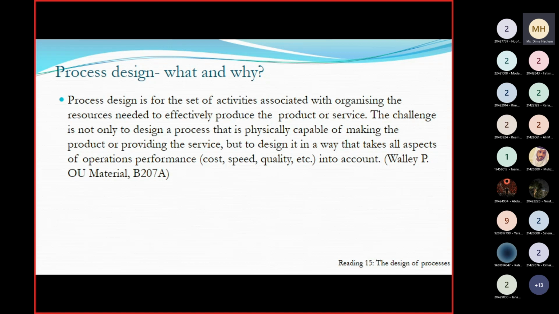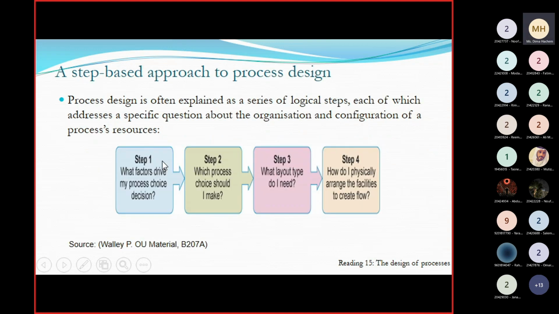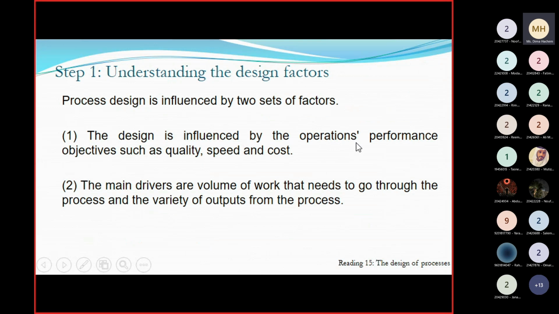So we have what we call the operations performance. Let's look at the process choice that you should make. What are the operations performance, such as the quality, speed, and the cost?